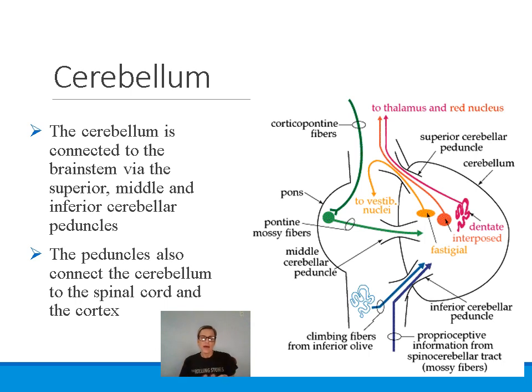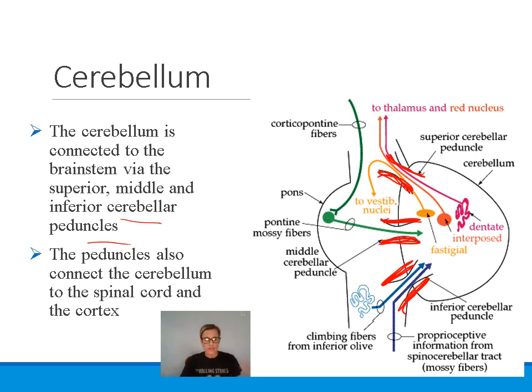The three areas where it's physically connected to the brainstem are the cerebellar peduncles. So there's a superior cerebellar peduncle up top, a middle cerebellar peduncle in the middle, and then on the bottom, an inferior cerebellar peduncle. So these are actual physical connections.